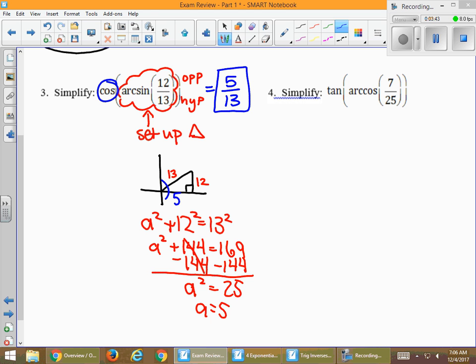Similar situation with arccosine, or tangent of arccosine of 7/25. Again, it's a triangle problem. We use the inside guy here to set up our triangle. So cosine is adjacent over hypotenuse.